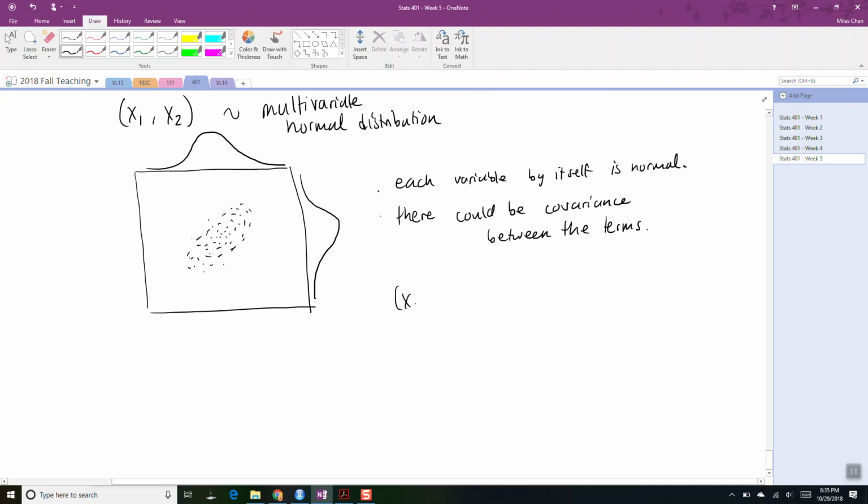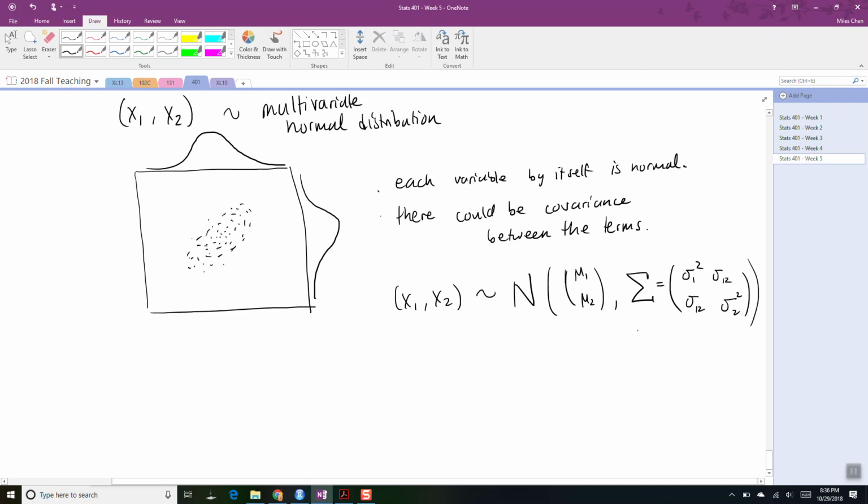And we would say x1 and x2 come from a normal distribution, and you would have a mu1 and a mu2 and a variance of sigma 1 squared, sigma 12 covariance. This is probably too much.